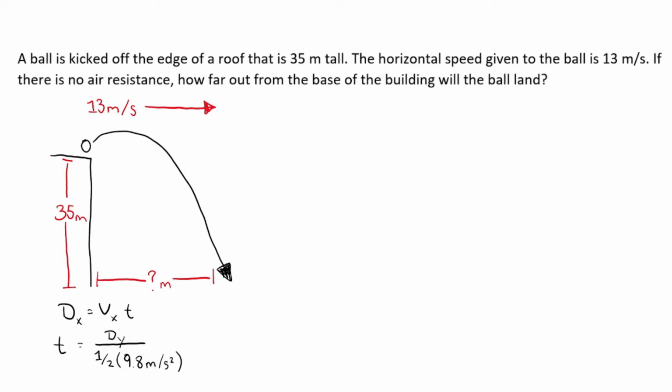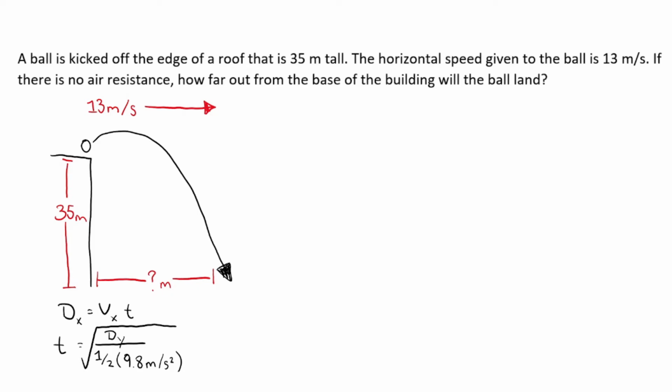So all of the right side of this equation is under a square root sign. We can find the time by plugging this vertical distance here into here.